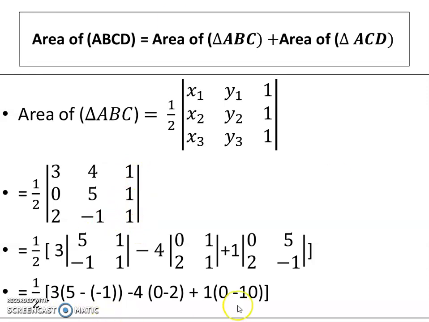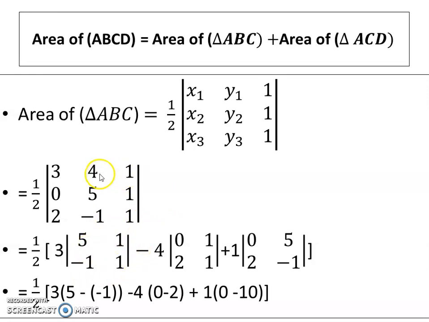In this example, I use our pattern method, that is, we fix the first row and evaluate by column fixing. Same trick applies. We fix 3 here, minus 4 here, 1 here. So we keep 3, 4, 1, skipping the first row and first column. What is remaining? 5 1, minus 1 1. So I write 5 1, minus 1 1.